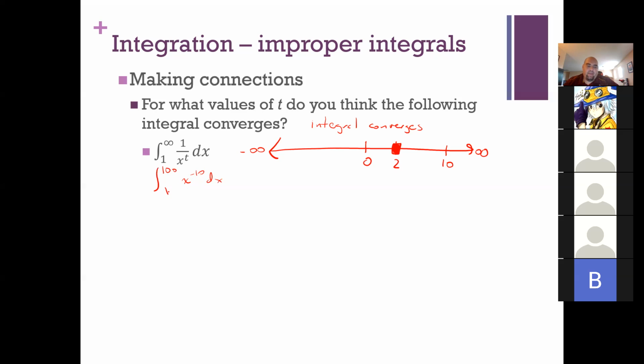So what would this integral be? Or what would the antiderivative be? -1/9 x to the power of -9. Okay, so I wrote basically a different version of what you said, -1/9 x to the 9th in the denominator.